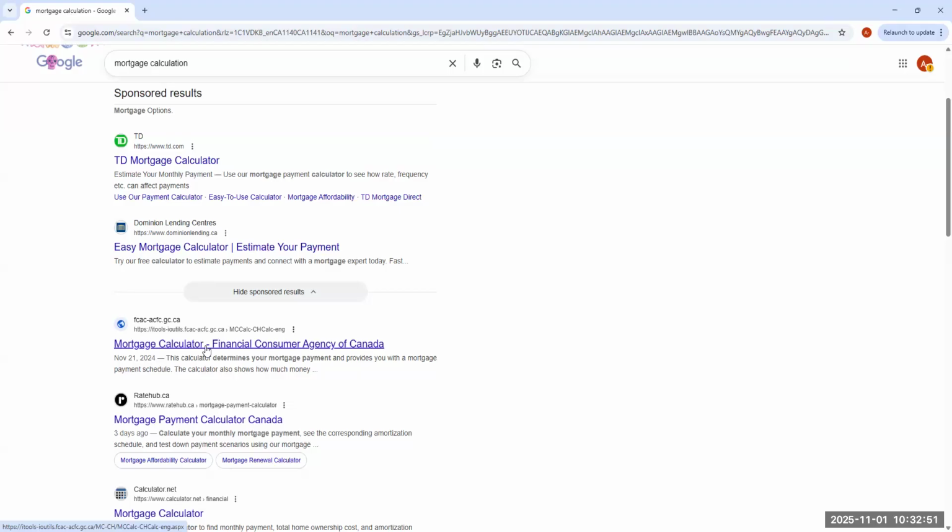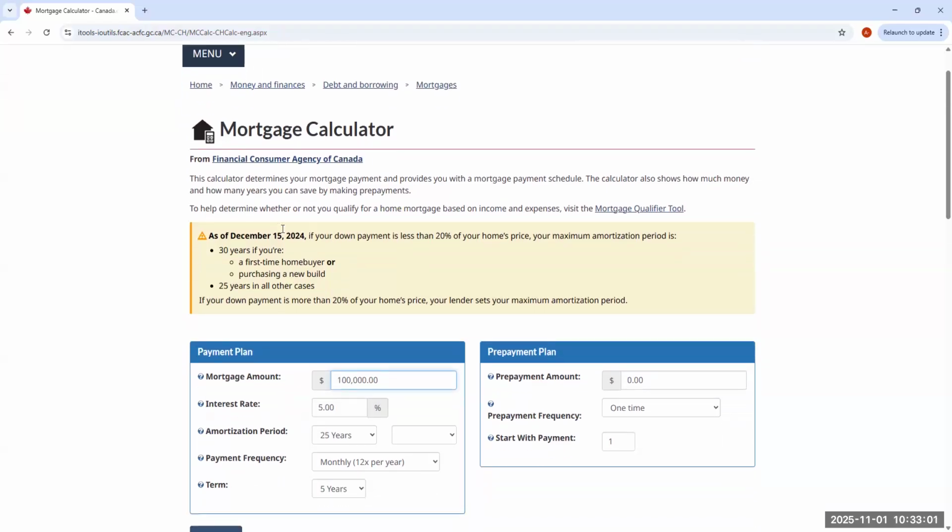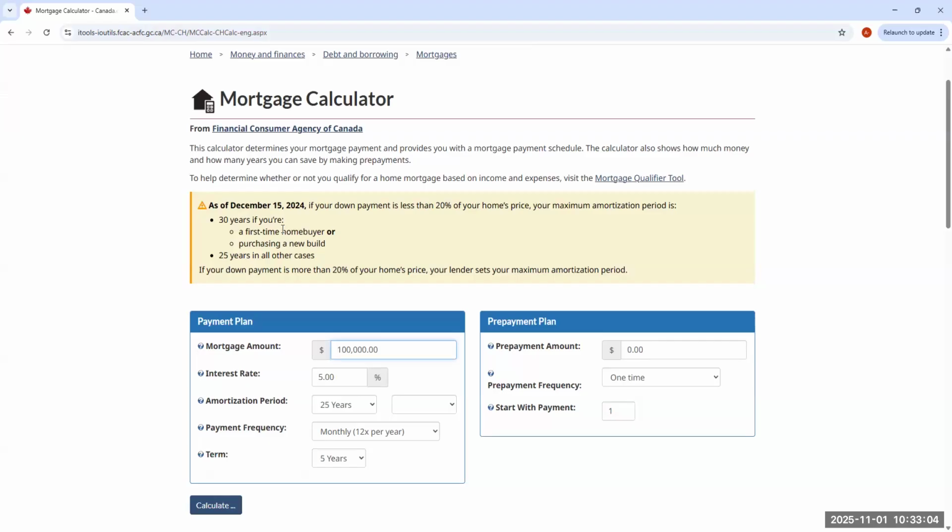Click on that one, and you're going to see this official page from the Canadian government, which gives you this mortgage calculation. In here, we can put so many things, and they give you different options.